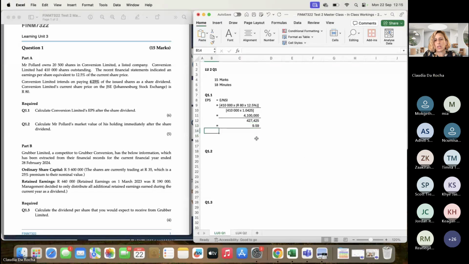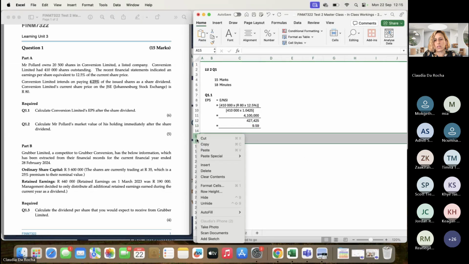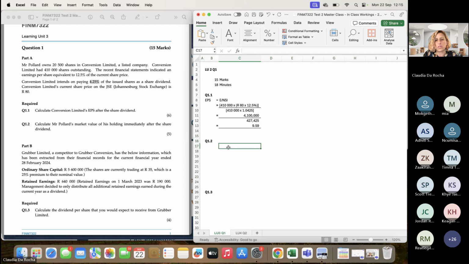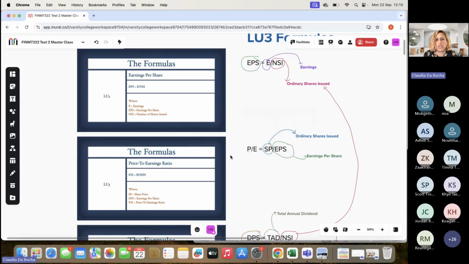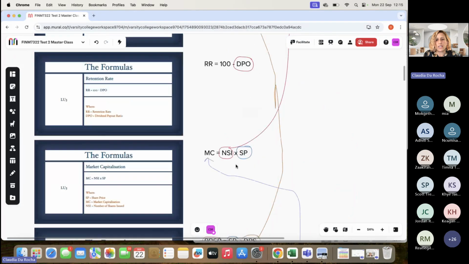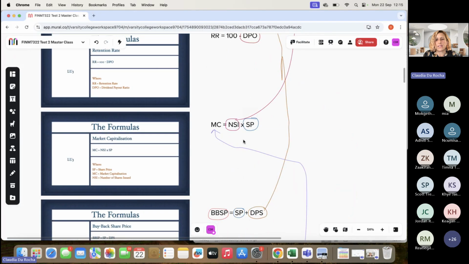Okay. Then 1.2. Okay, now 1.2 is asking us to calculate the market value of the holding immediately after the share dividend. So we know what our market value formula is because I showed it to you in case you didn't know. Here it's the market capitalization formula, the NSI times SP.